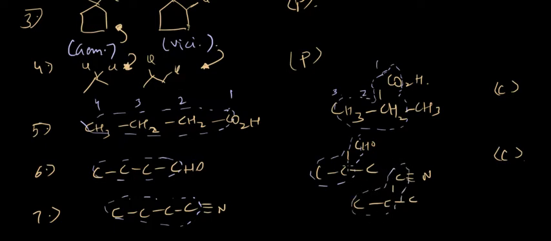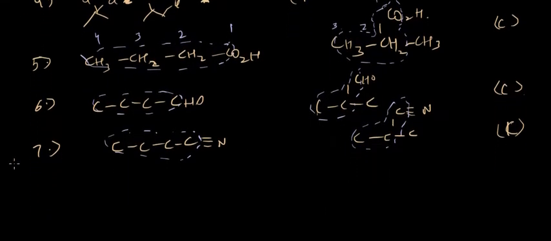Hence it is not an example of positional isomerism, because the condition of positional isomerism is that the parent carbon chain should remain the same in both cases, but in this case the number of carbon atoms in the parent carbon chain is changing.